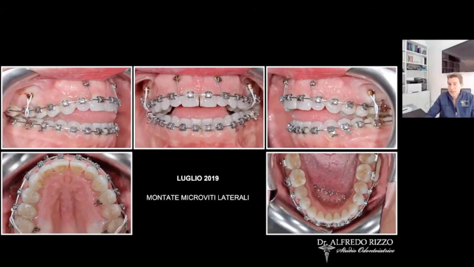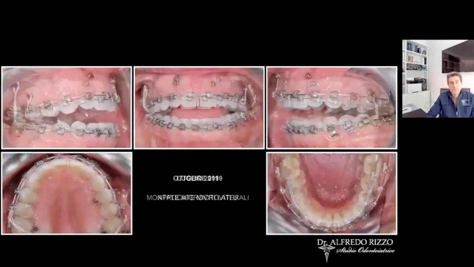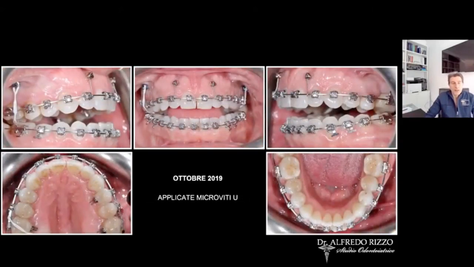I have added mini screws labially and palatally. You still see the aftermath of the anesthesia in this patient. And I am still using soft, gentle copper night-eye arch wires.